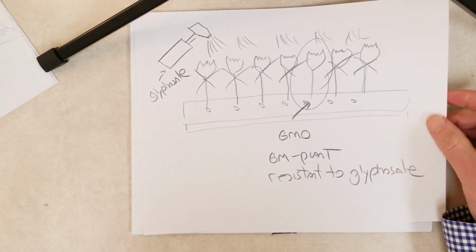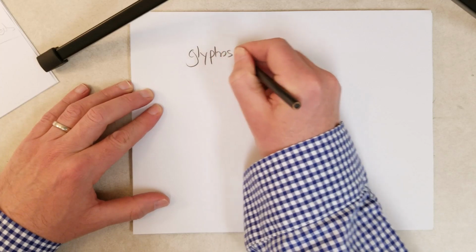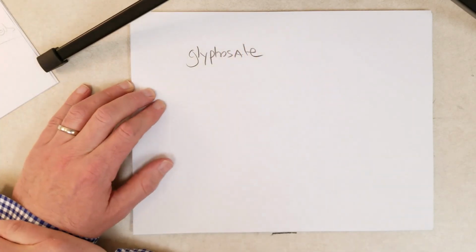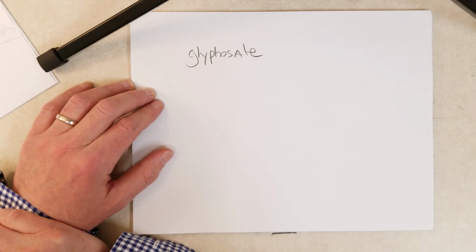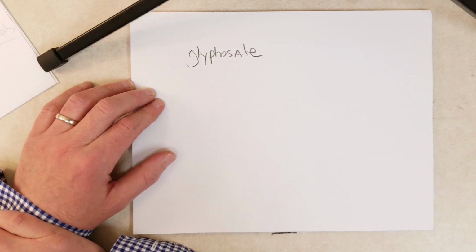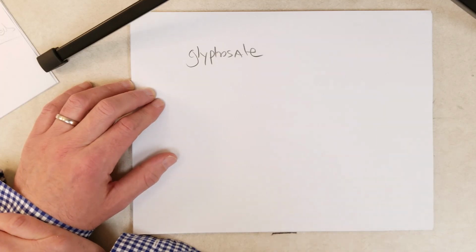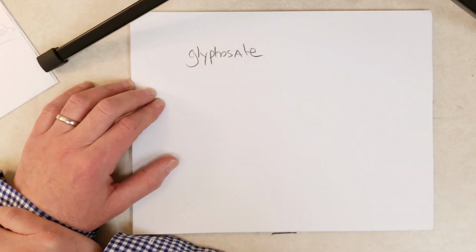So glyphosate. A lot of people are against this herbicide because it's so widely used in conventional agriculture. I have some pictures in the notes that show you a field of, I think it's soybean maybe, or corn, I forget, but it shows you the before and after with glyphosate.